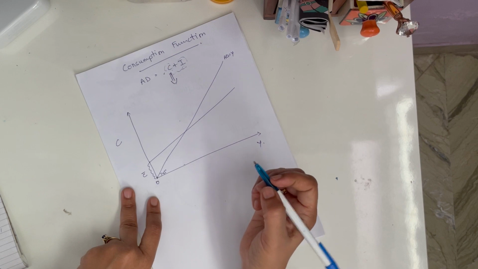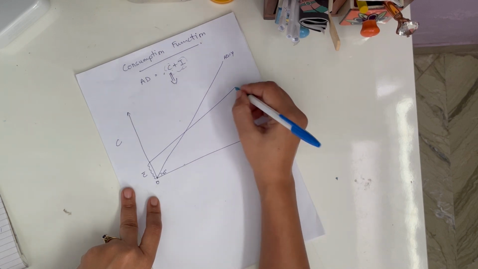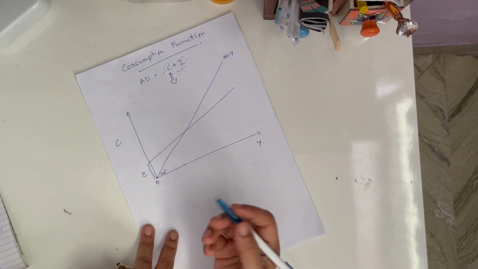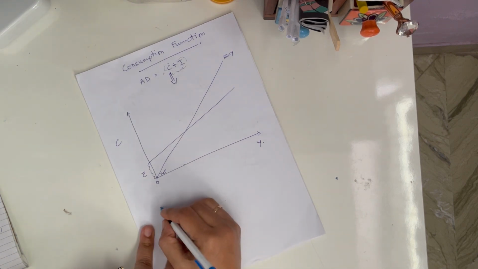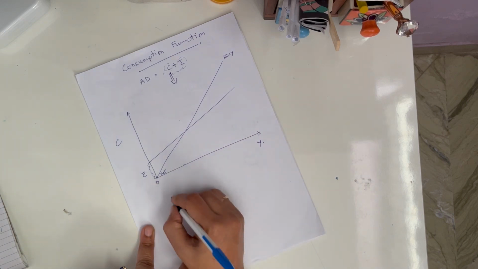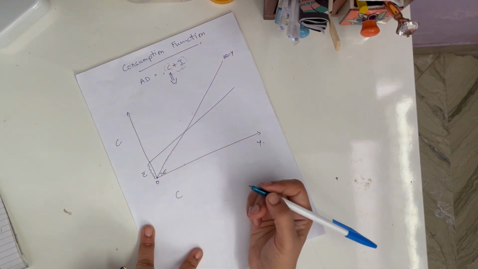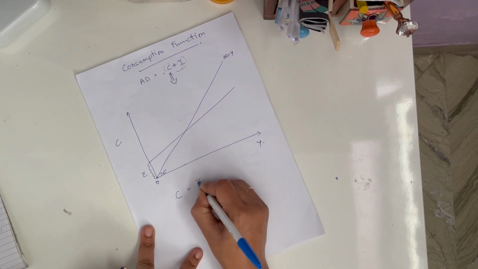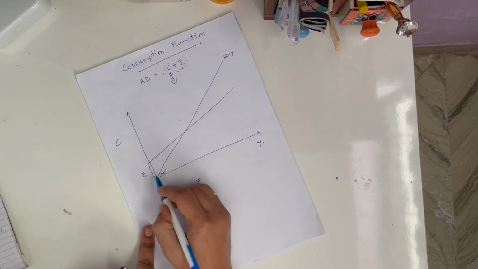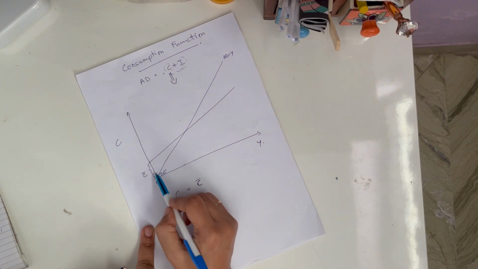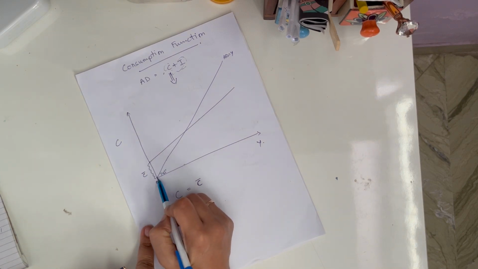Okay. So now what I'm trying to tell you is that this is my consumption function. So I can actually write a consumption function in an equation form, right? So in my consumption function, I can say C is basically the C bar, that is, even when my income is zero, I have a minimum amount of consumption of goods and services.